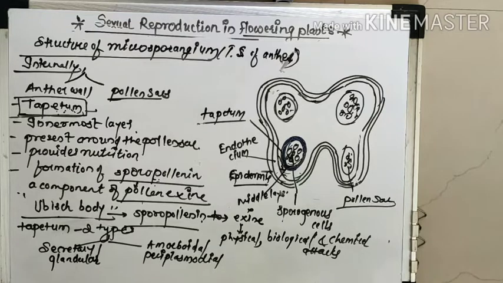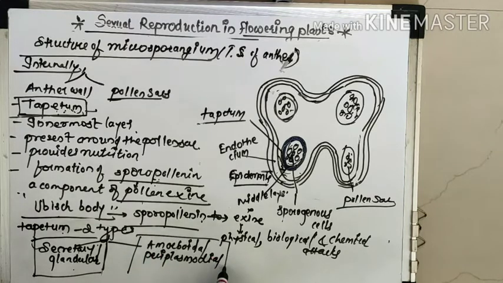So in this type of septum, the septal cells remain in situ for the whole development of the microspore, and once the microspore develops, they finally degenerate. This occurs in the secretory or glandular type of septum.